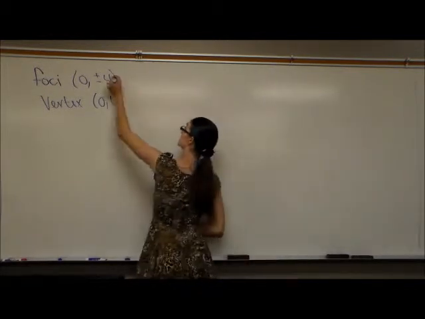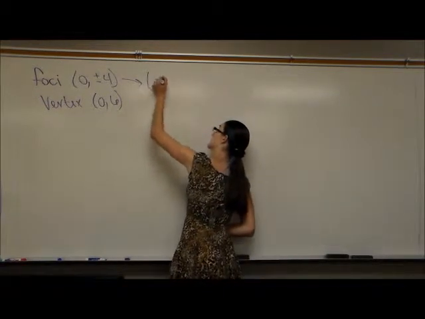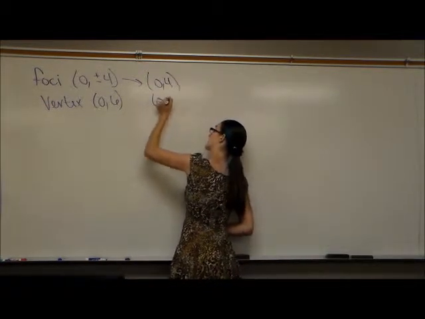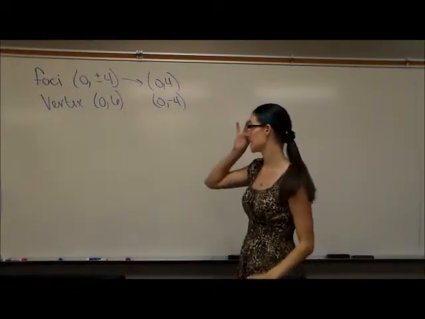So the plus or minus 4 is just our shorthand of writing two separate points. This is the point 0, 4 and 0, negative 4. They're lazy, so they wrote it as one point with the plus or minus.